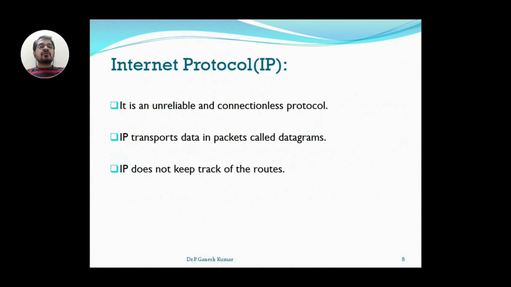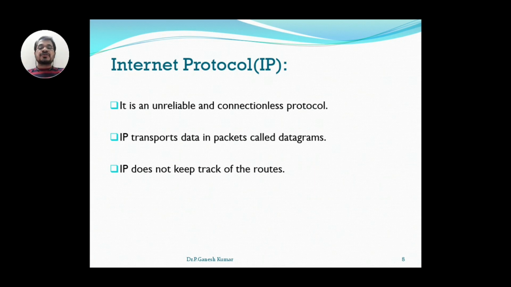The IP protocol is an unreliable and connectionless protocol. Just to recap, we have already studied connection-oriented protocols and connectionless protocols. If it is a connection-oriented protocol, it means the receiver device is going to acknowledge the received packets to the sender.